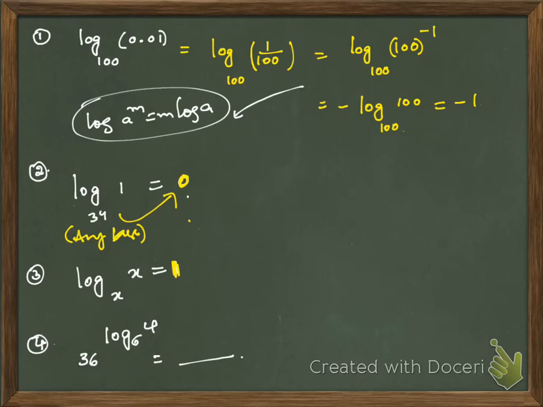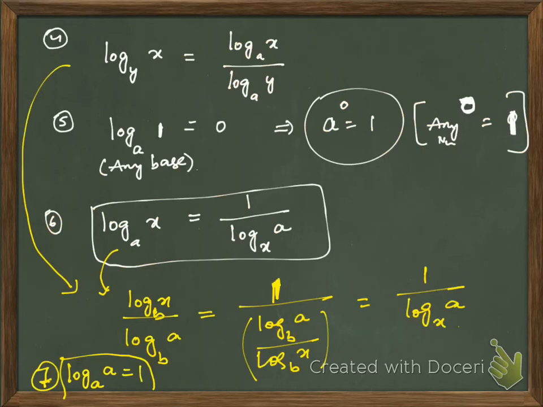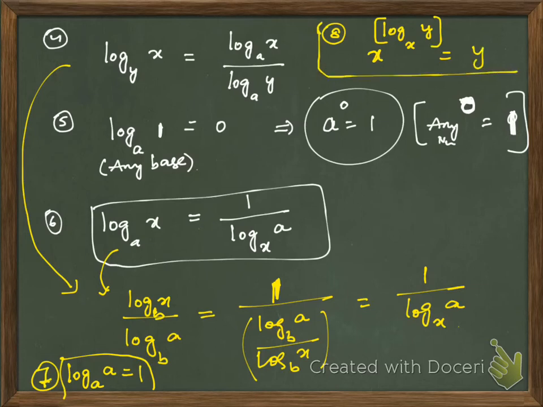I will add one more formula, the 8th formula: if you have x power log y to the base x, I am repeating, x power log y to the base x, this entire term in power is equal to y.